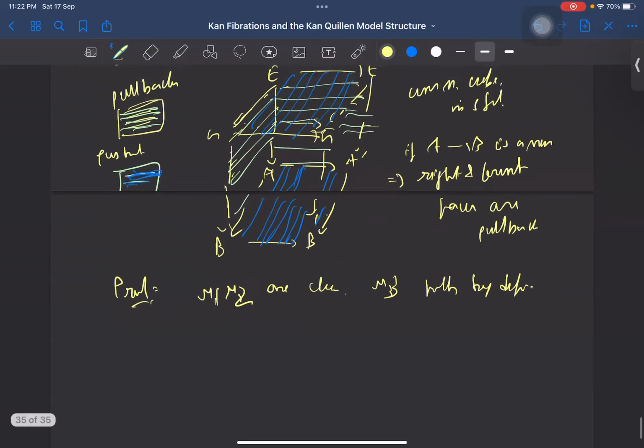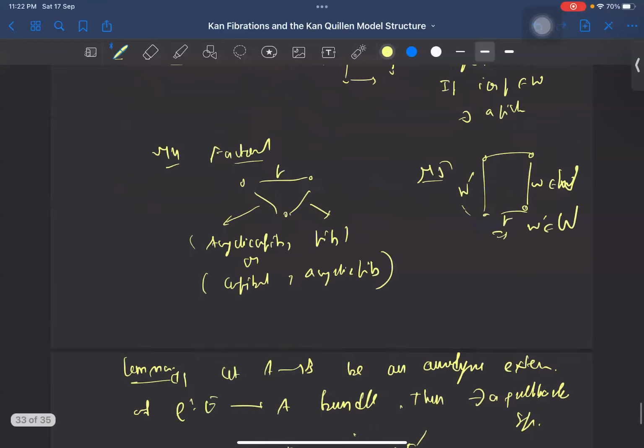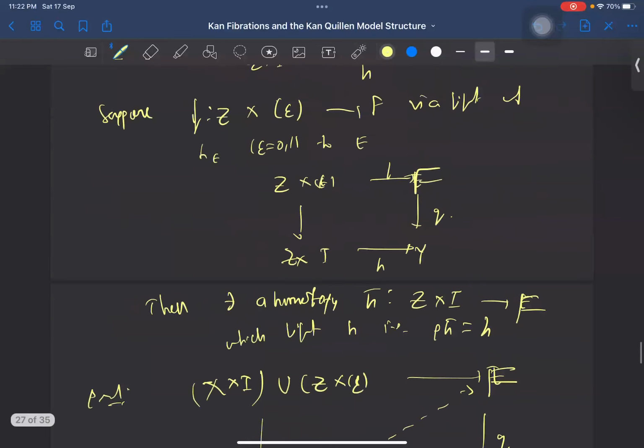Q5 needs a bit of work, which I won't do right now, which involves minimal fibrations. I'll give a reference for the proof. And Q4 follows by two of our previous lemmas that I had stated almost at the beginning, that I'd said will be useful a bit later.